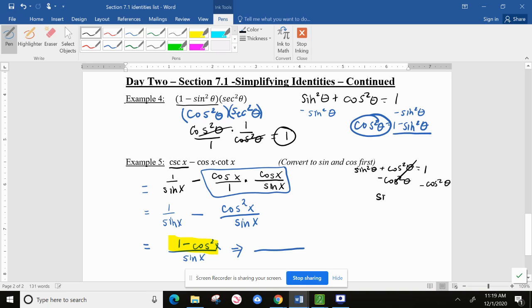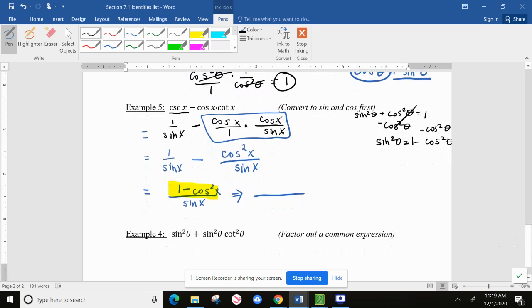I'm left with sine squared equals 1 minus cosine squared. And that's what's on the top of our fraction over here. So we really do need that version of that Pythagorean identity. And then we can replace it with something simpler, which is just sine squared. Okay, I hope that's not too much of a leap for you, but there it is.